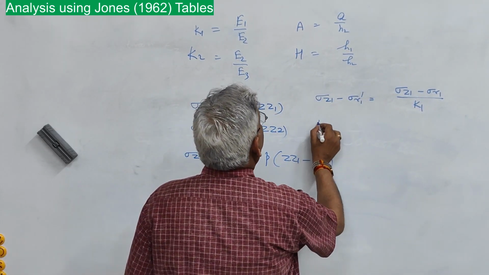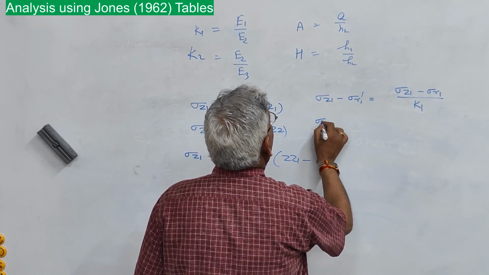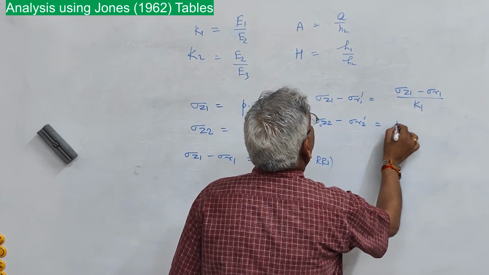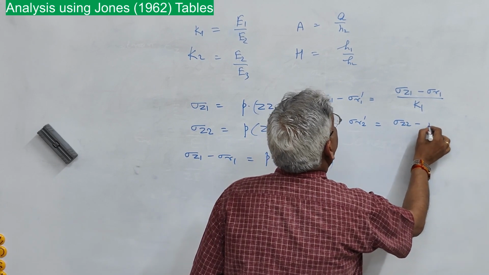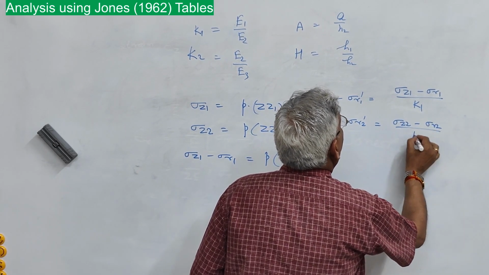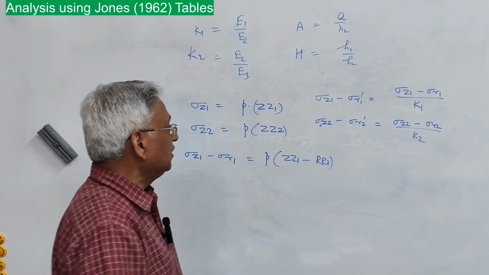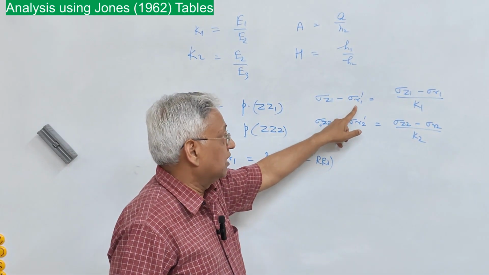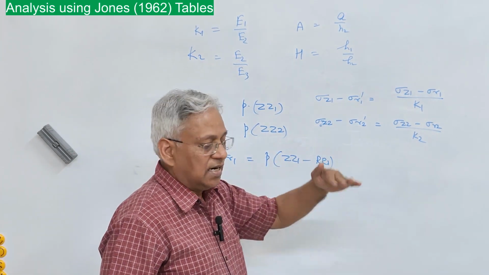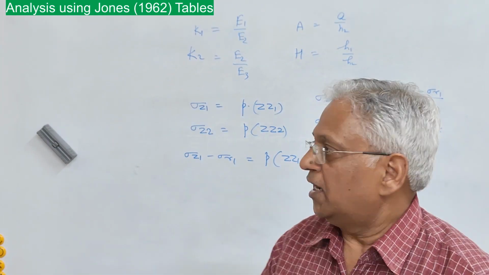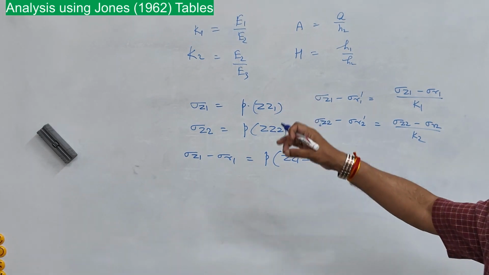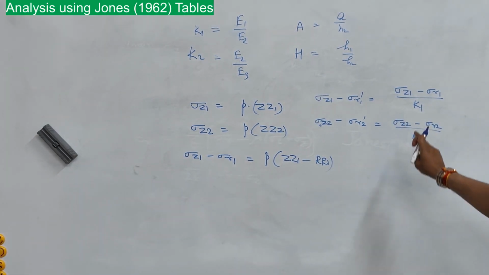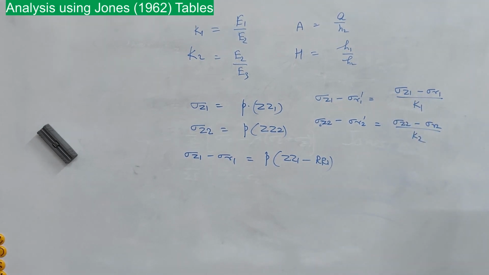And similarly, sigma Z2 minus sigma R2 dash is sigma Z2 minus sigma R2 upon K2. Using these equations, you can find out the radial stress at the interface. And epsilon z, vertical strain or horizontal strain, I told you the equations that depend upon the value of sigma z and sigma r.